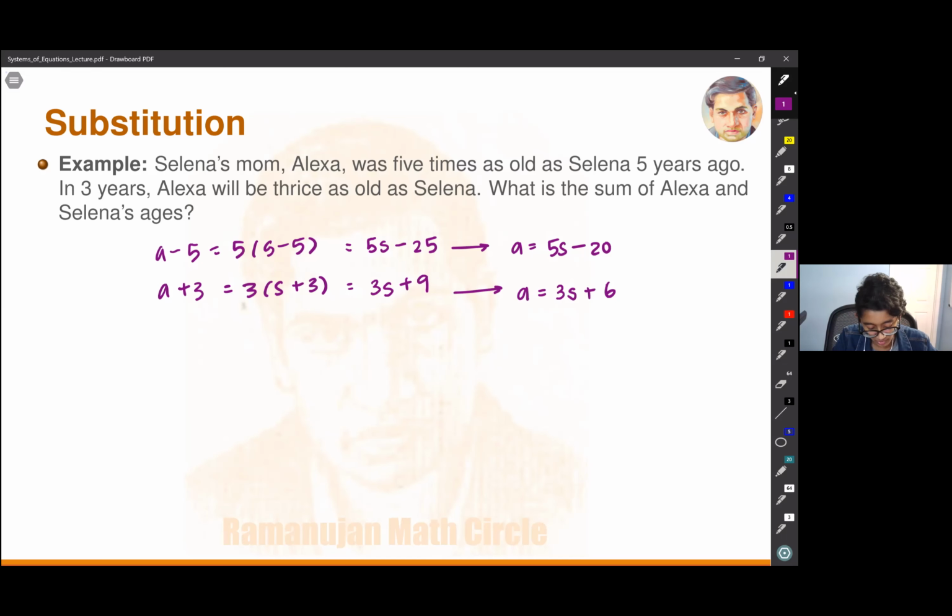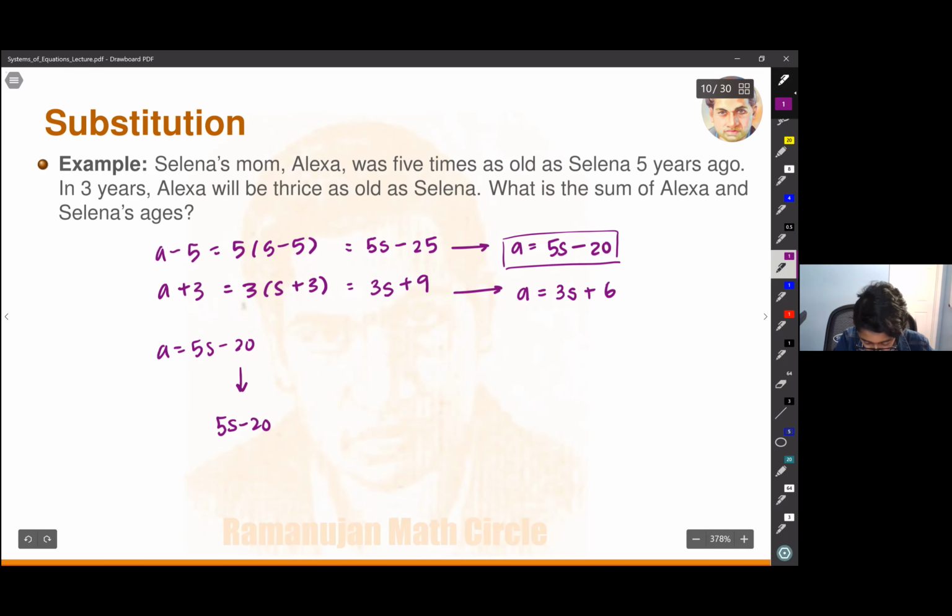All right, so we've got our equations. Now, how do we substitute? The way we're going to do this is we have the value of A in this equation. A is indeed equal to 5S minus 20. So we're going to plug in that value, 5S minus 20, instead of A in the second equation.